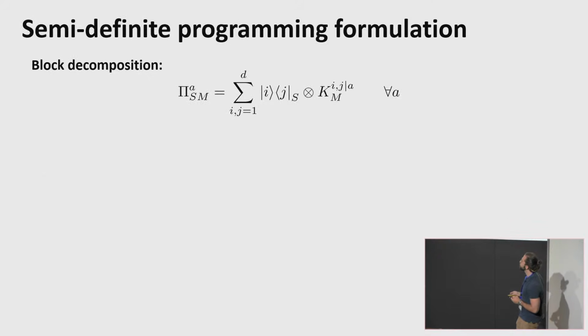So what we did is to use a block decomposition of the measurement pi. We write it as a sum of some standard basis elements over S, tensor some operators over M. And we can do this because over S, we have a finite dimensional system given that S is completely characterized.